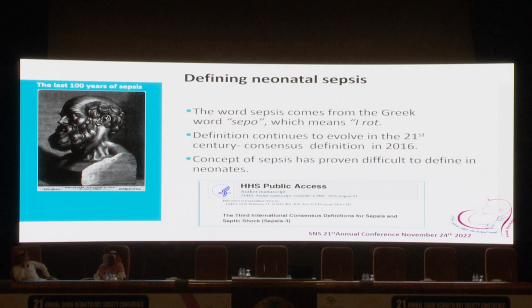The definition of neonatal sepsis, or sepsis in general, continues to evolve in the 21st century, and it was established in adults in 2016. But still, the concept of sepsis in neonates has proven difficult to define, and it is really challenging.